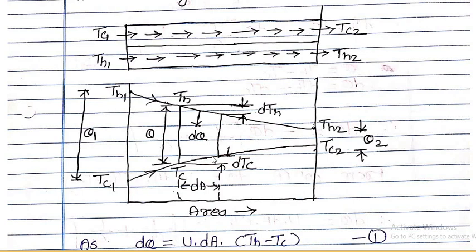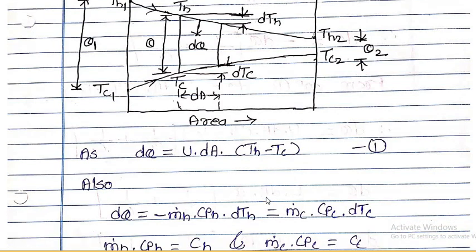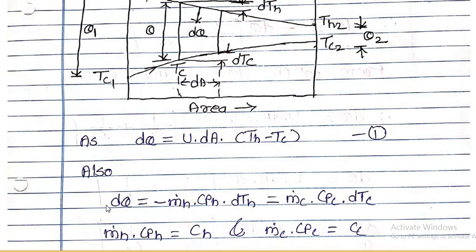Now we know that this amount of heat lost by the hot fluid and gained by the cold fluid is given as dq is equal to U multiplied by dA multiplied by Th minus Tc, that is the initial temperature difference, so Th minus Tc is nothing but theta. Also we know by the energy balance equation that this elemental heat transfer dq can be given as minus m dot h multiplied by Cph multiplied by dTh, that is the heat lost by the hot fluid, and an equal amount of heat is gained by the cold fluid, that is m dot c multiplied by Cpc multiplied by dTc.